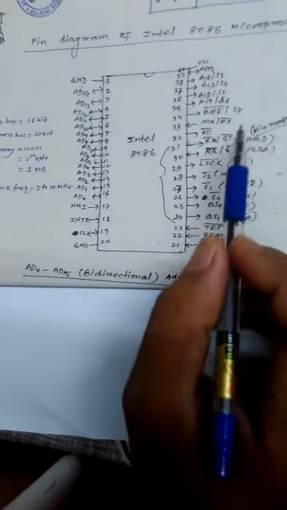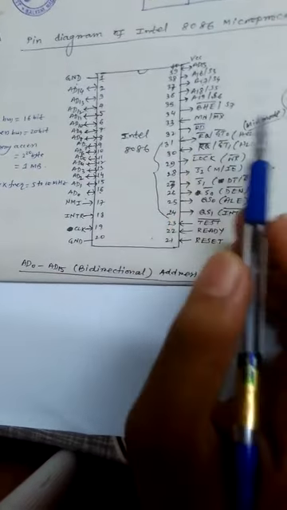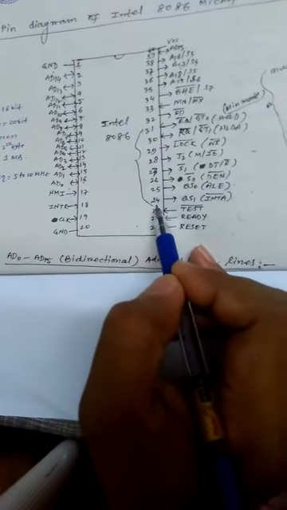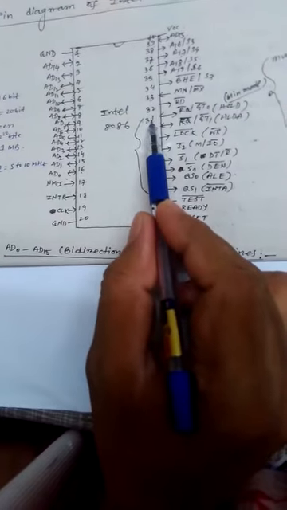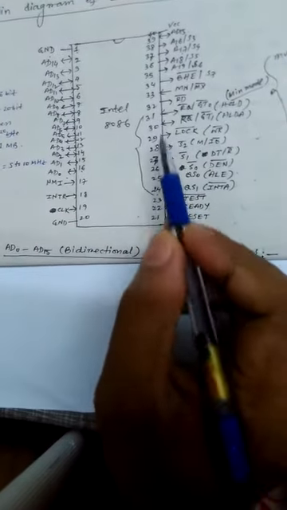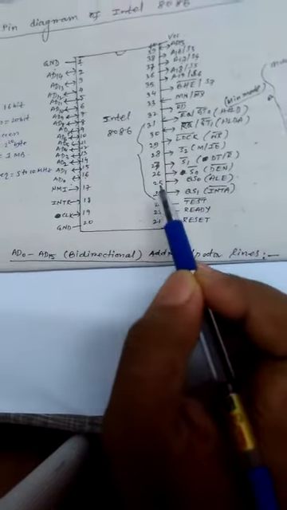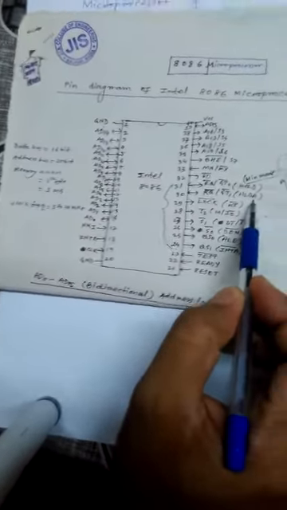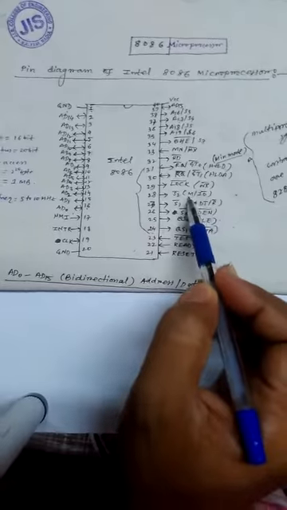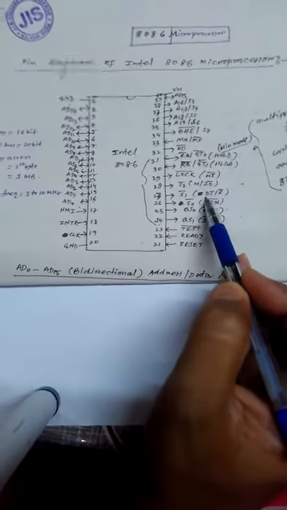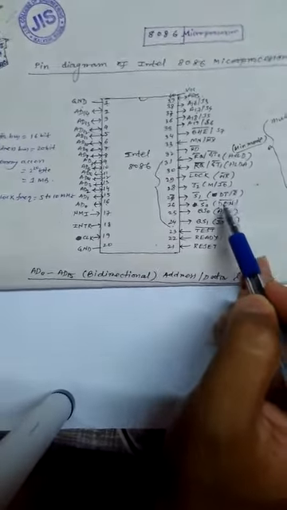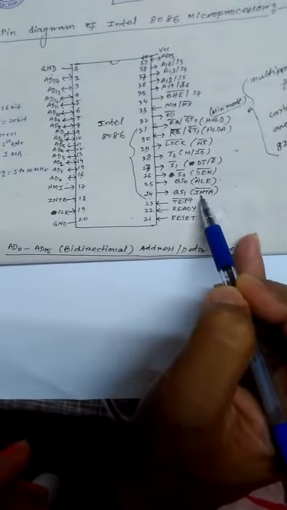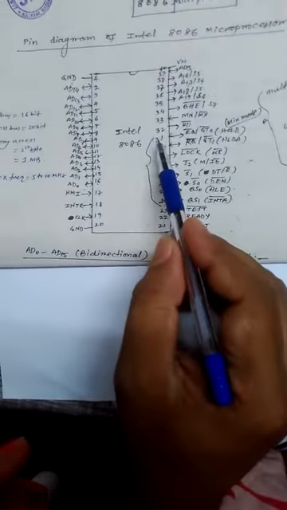Okay, and for minimum mode, pin numbers 24 to 31 are used as hold acknowledge, write bar, IO/M bar, data transmit/receive, data enable, ALE and interrupt acknowledge.